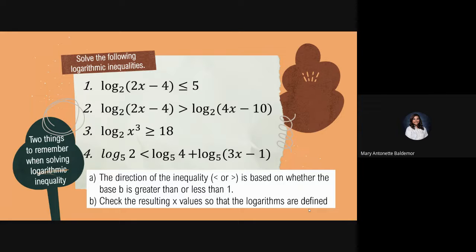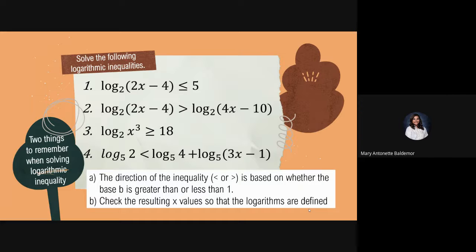The second one, check the resulting x values so that the logarithms are defined. Just like what we did in the logarithmic equation, we are going to verify the values of x.